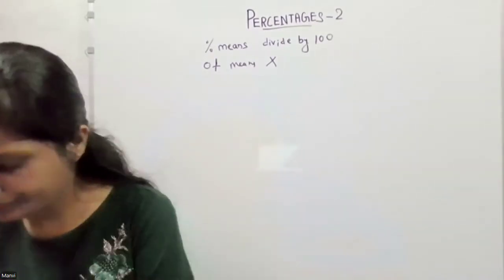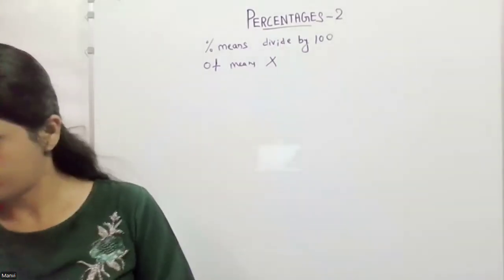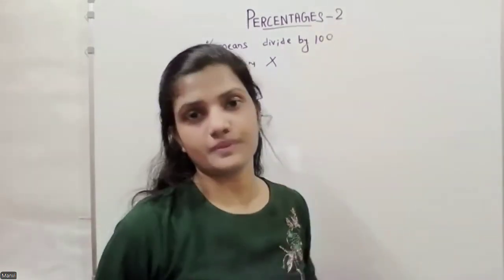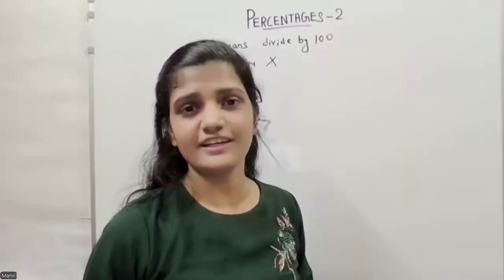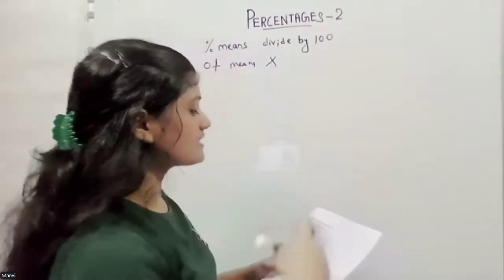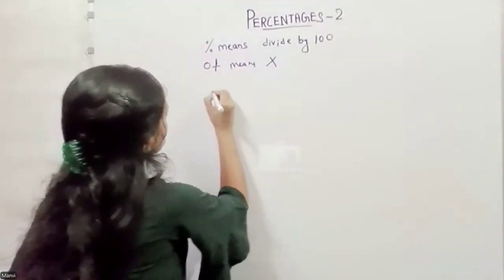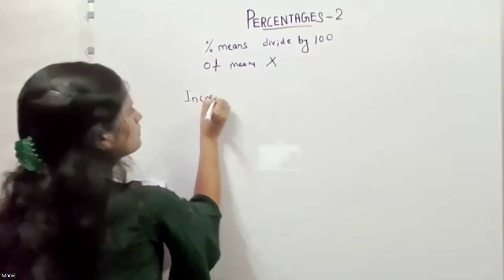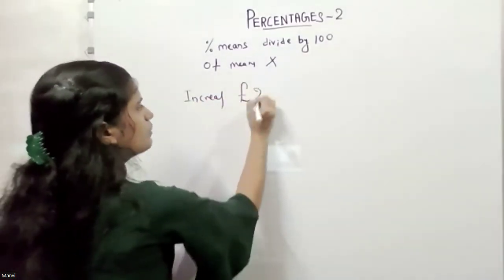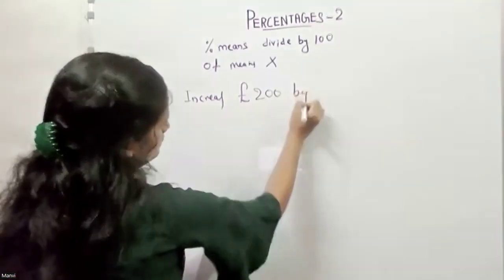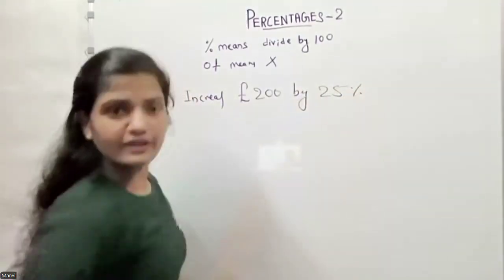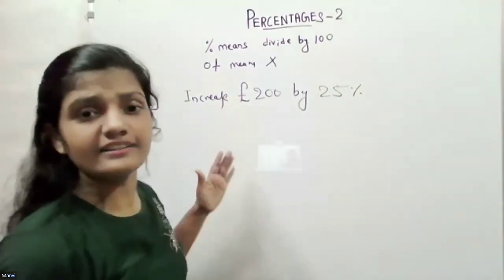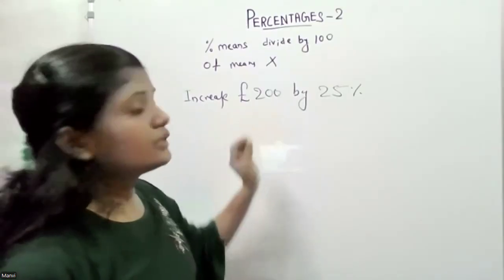Okay, so now the next concept is increasing and decreasing an amount by a percentage, that we already covered, right? So whenever we need to increase something, like the question is: increase 200 pound by 25%. It doesn't say clearly to just increase 200 pound by 20 pound.